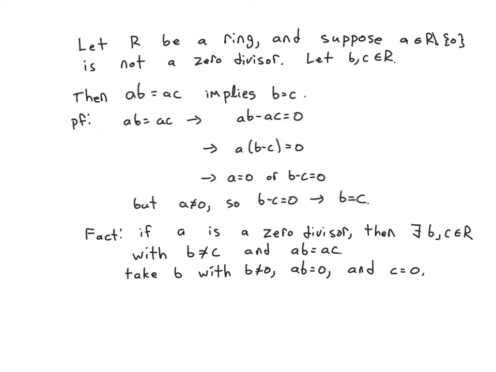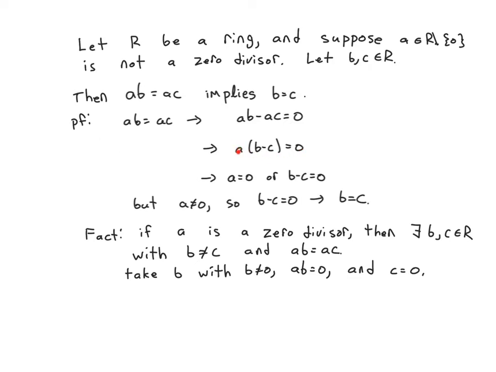Why is that true? If ab equals ac, then if you subtract ac from both sides, you get ab minus ac equals 0. You can factor out the common factor of a. Then you have to conclude one of these two has to be 0. Why? Because if neither of them are 0, then congratulations, you've got two non-zero things that multiply to get 0.